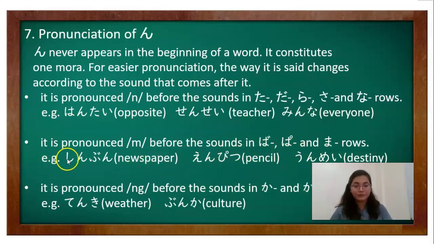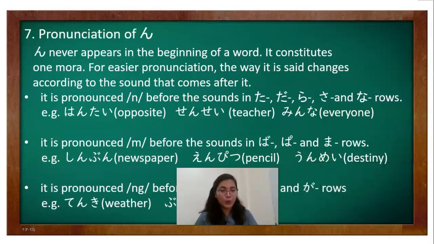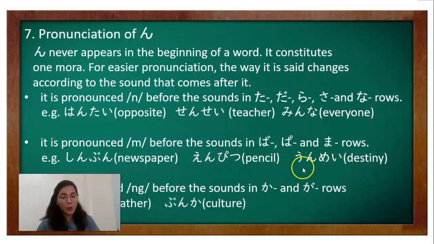For example, shimbun. Shimbun means newspaper. Next, empitsu. Empitsu means pencil. And last, unmei. Unmei means destiny.